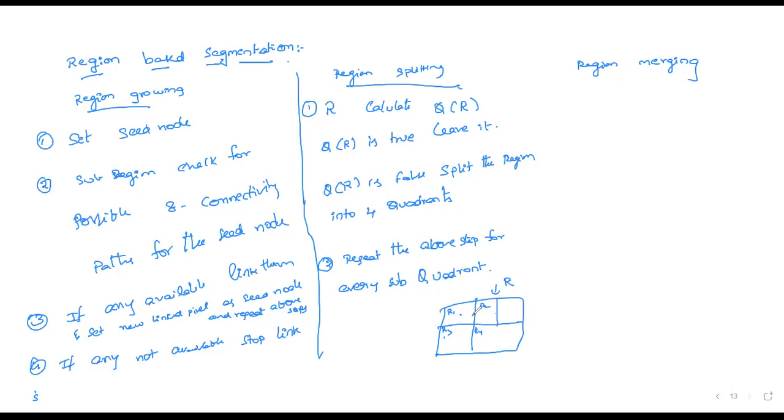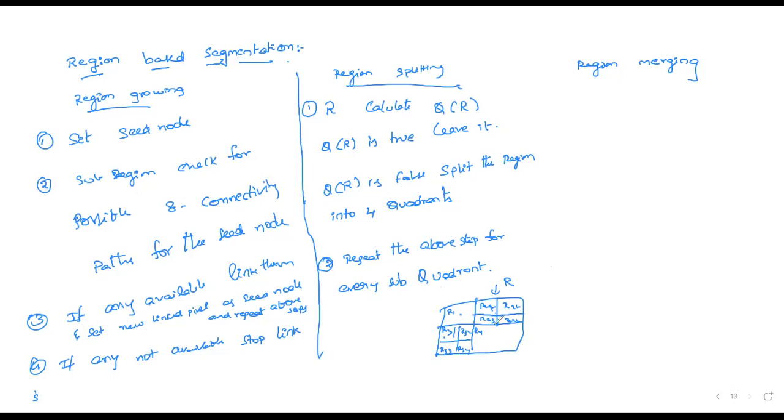So again I have to divide into 4 parts. R21, R22, R23, R24. For R3, I didn't get true. Again, you have to split into 4 parts. So R31, R32, R33, R34. For R4, I get true. So leave it. So like that, you have to split again and again.